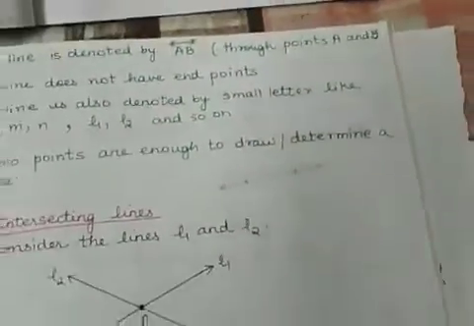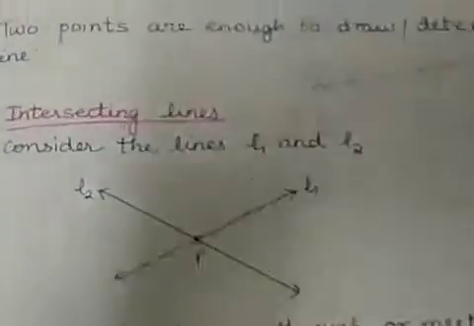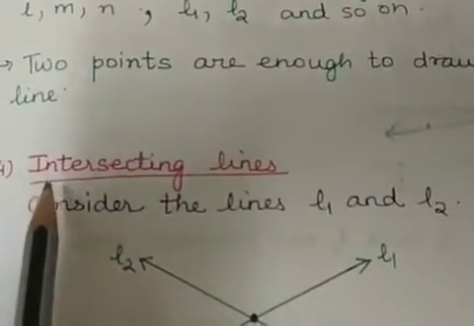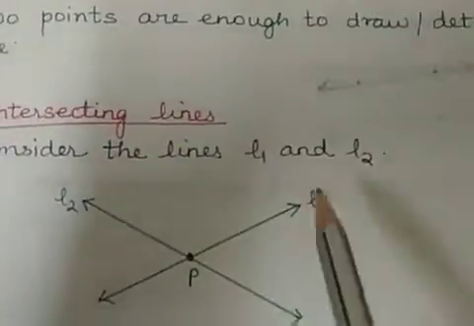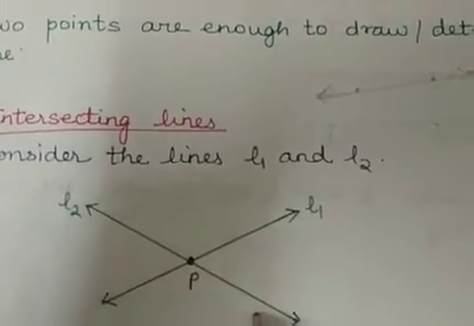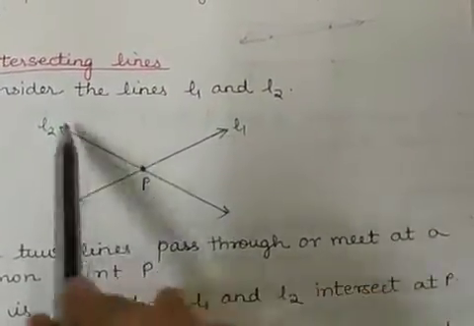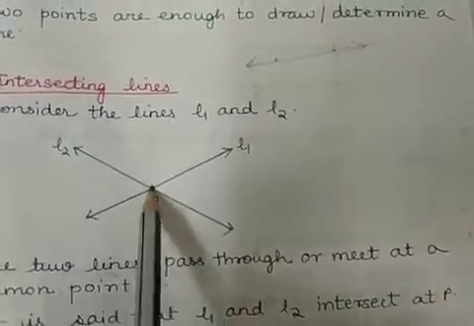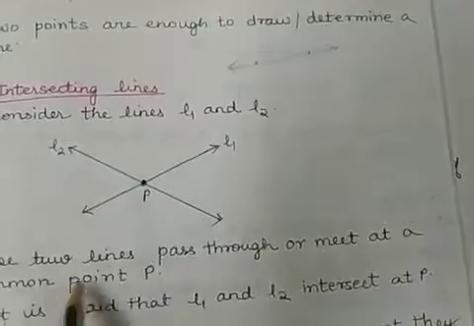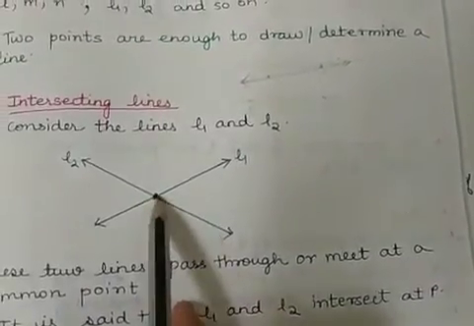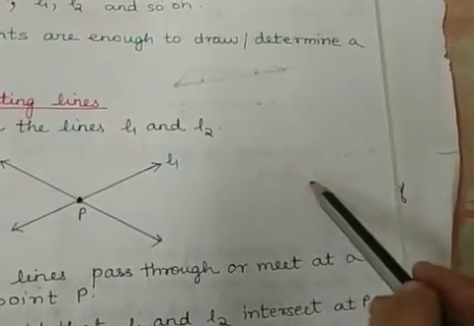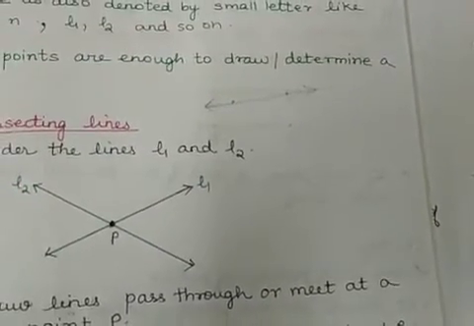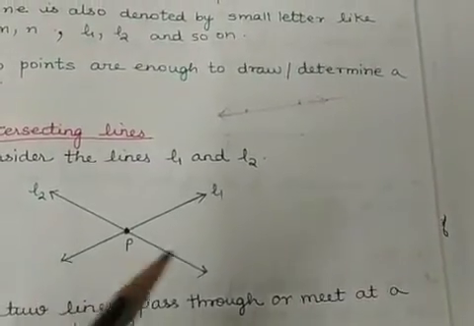Now let us see the next subtopic, which is intersecting lines. Suppose I have 2 lines, say l1 and l2, and these 2 lines meet at one point P, or they cross each other, or pass through a common point P. If the 2 lines cross each other or meet at a common point, then they are said to be intersecting lines.